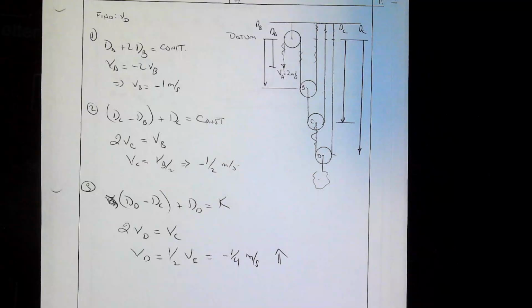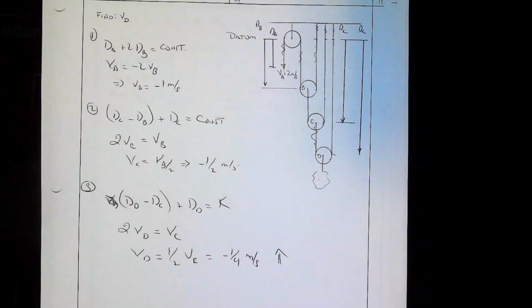All right. Now I have one more of these. So this is going to do the same thing we just saw here. So for rope 3, I have a rope, dD minus dC, that's for this piece, plus another dD equals, I'll just call it K, that's my constant.